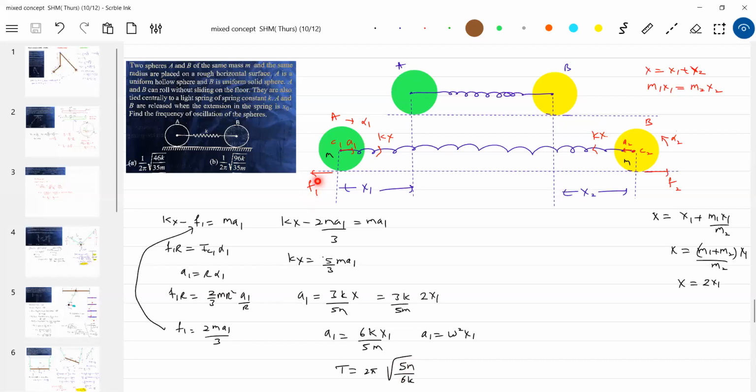Net work done by this should be zero. Rolling friction, no, net work done by this will be zero. Then what all forms will it have? It will have the energy in the form of elastic potential of spring, translational kinetic energy, and rotational kinetic energy. Hide this for the uniform solid sphere. What I did, I got this expression.